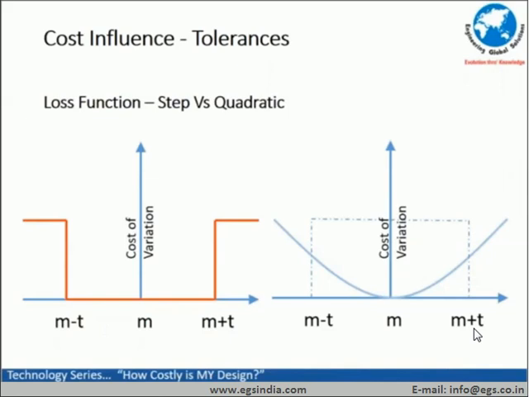If manufacturing is able to contain this and keep it towards the nominal, as the Japanese have achieved, then the cost of variation is kept under control and the overall cost of quality and reliability is under check.